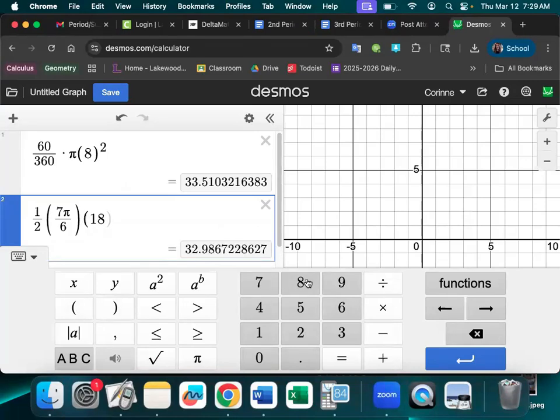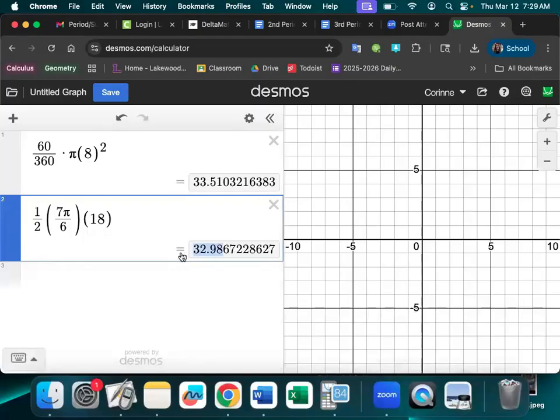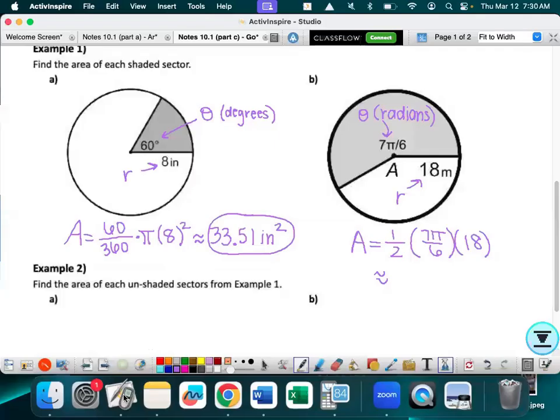And we get, again, I'm going to round it to 2 decimal places, but if I do that, the 6 after will round that up to a 0.99, 32.99. And what are the units? The units would be meters squared. The unit should match whatever you have for your radius. And then area is squared.